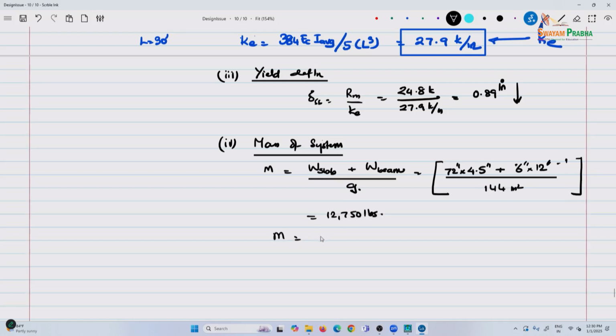So M is 33, and the effective mass is KLM. KLM is in this case 0.72. We got that 0.72 from yesterday, 75.